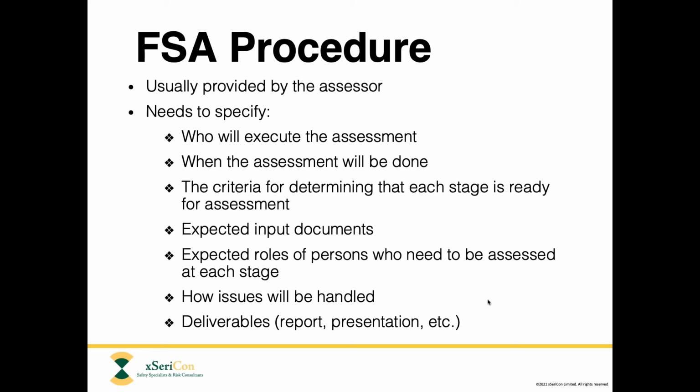Actually, the standard has very few independence requirements in terms of personnel, but this is one where it does say very clearly that whoever is the lead assessor or senior assessor for FSA needs to be not involved with the parts of the project that they are assessing. So there has to be a very clear arm's length assessment independence there.